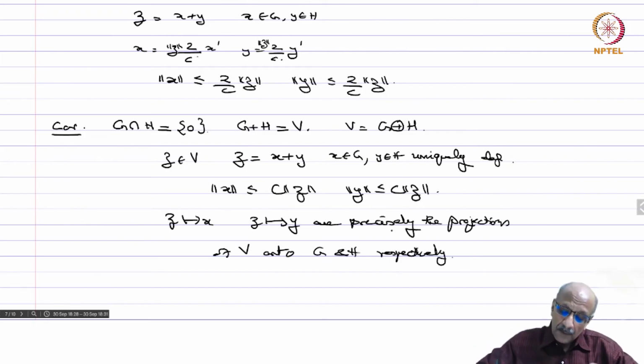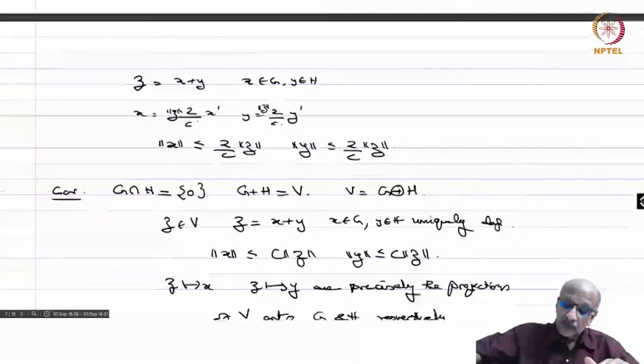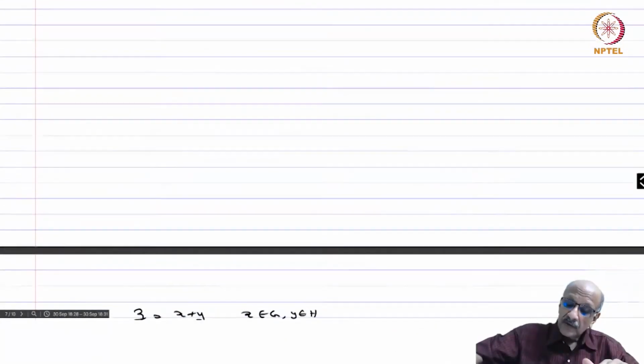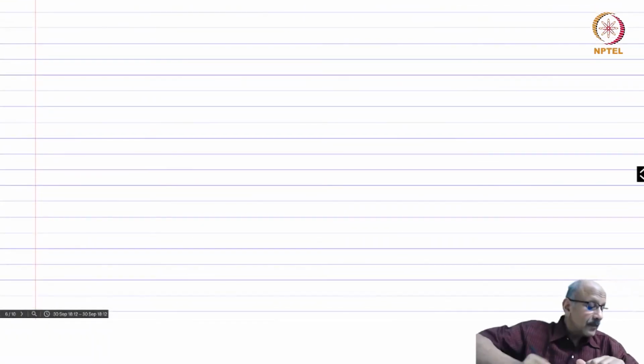So if you have a decomposition, if G plus H is closed or G plus H is whole of V and G intersection H is the singleton 0, then the projection is continuous. That is a consequence of the open mapping theorem. Otherwise, the projection need not be continuous. Okay.